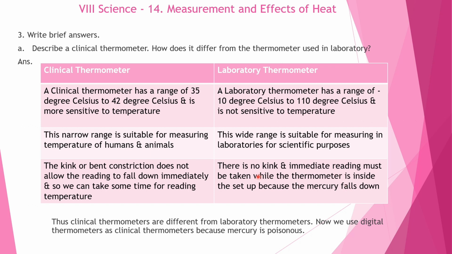So if you want to see the reading, you have to see it immediately and only when the thermometer is inside the setup. Thus, clinical thermometers are different from laboratory thermometers. Now we use digital thermometers as clinical thermometers because mercury is poisonous. Nowadays we are not using mercury thermometers at home, children. We are using digital thermometers.